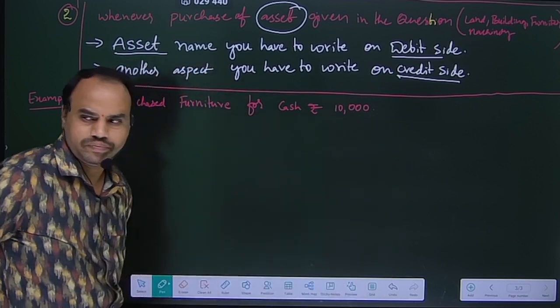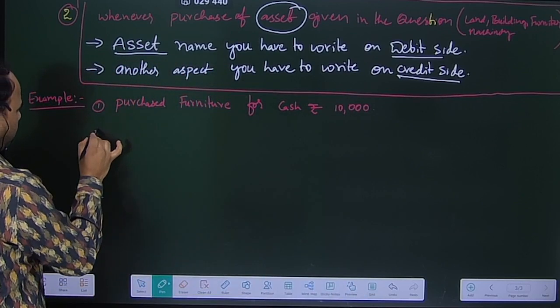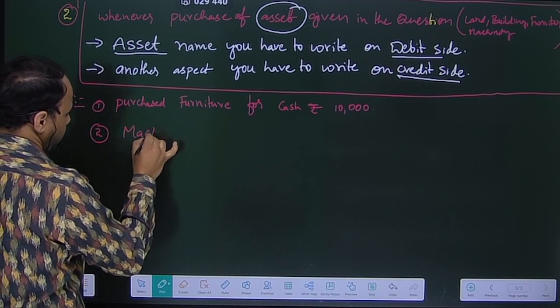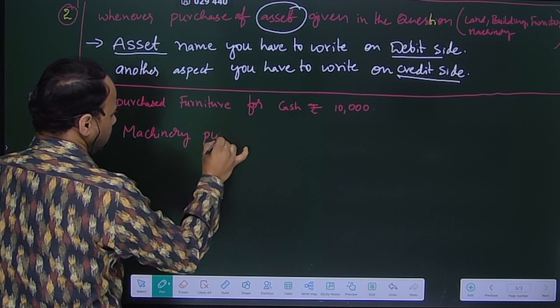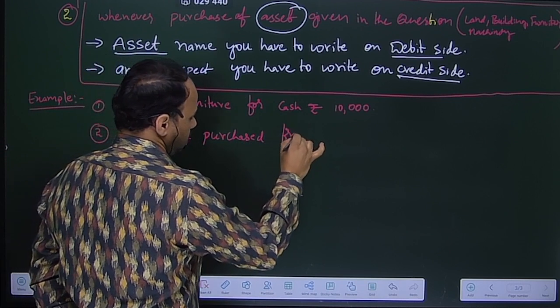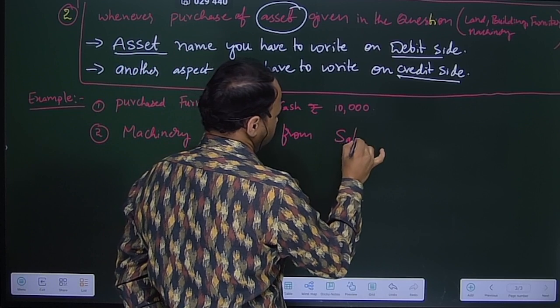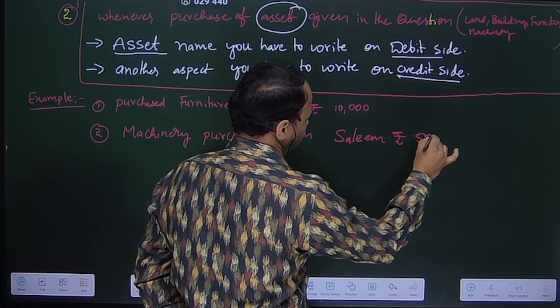This is the first one. Second one, machinery purchased from Salim, rupees 5,000.